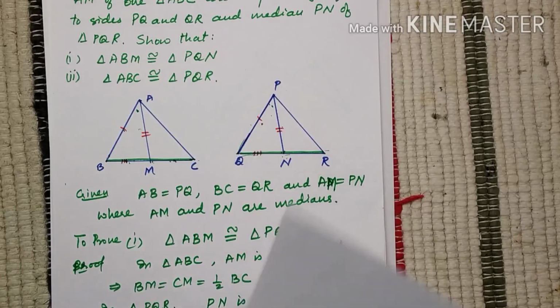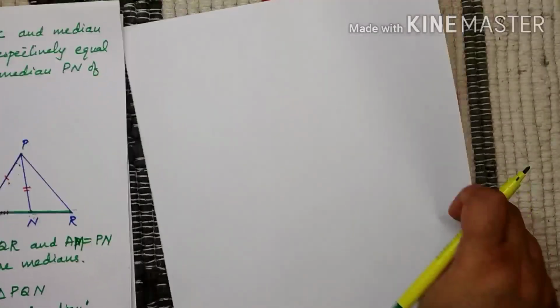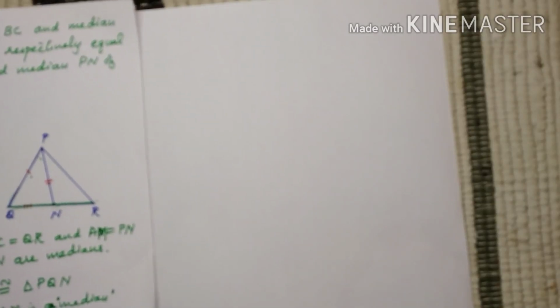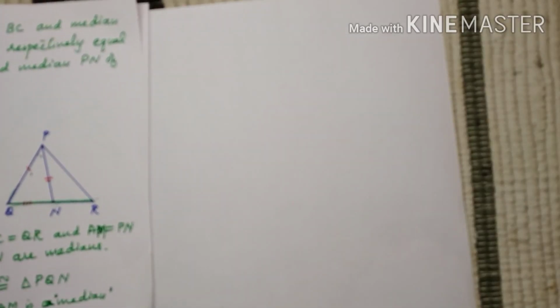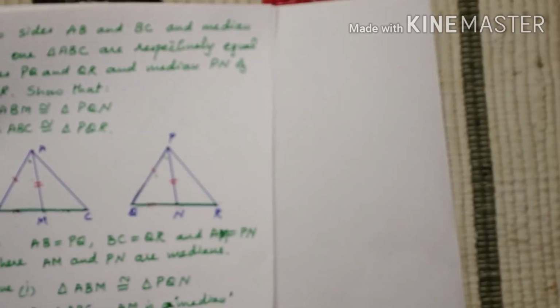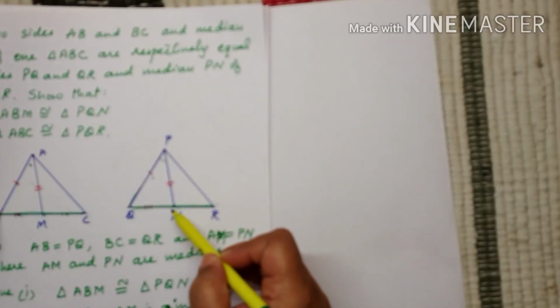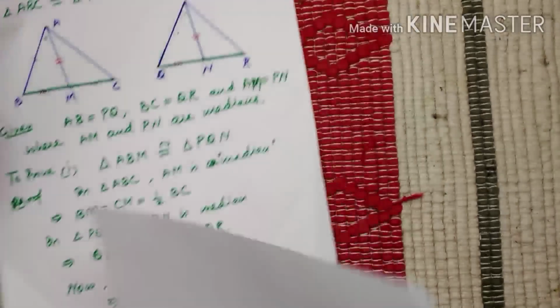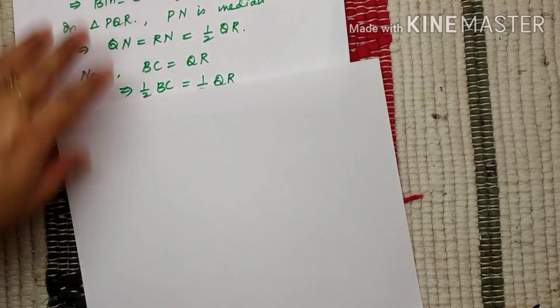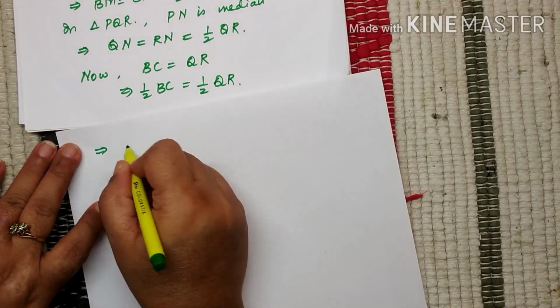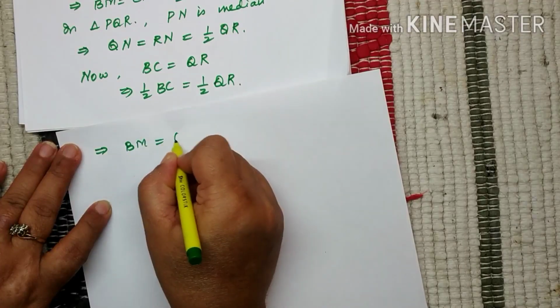We are interested in those halves which are part of the triangles we are trying to prove congruent. We are trying to prove ABM congruent to PQN. So which halves are the part? BM and QN. So this implies BM is equal to QN.